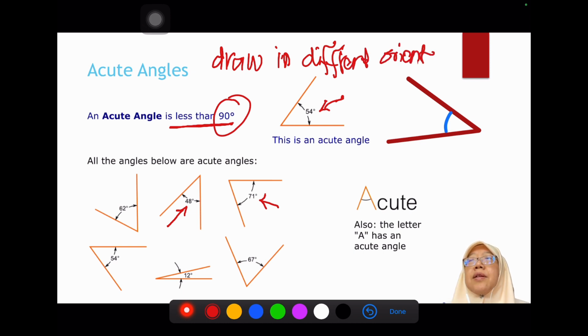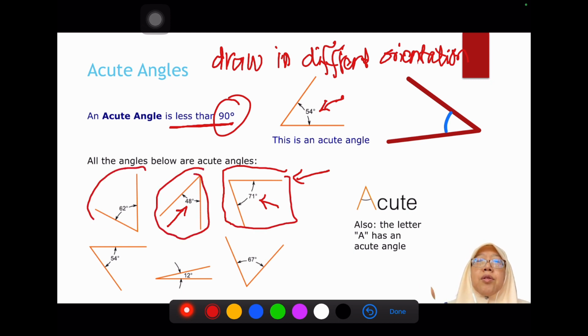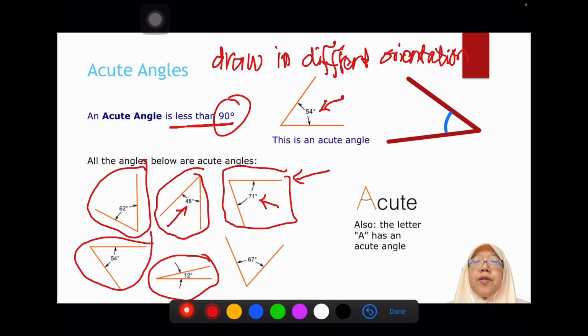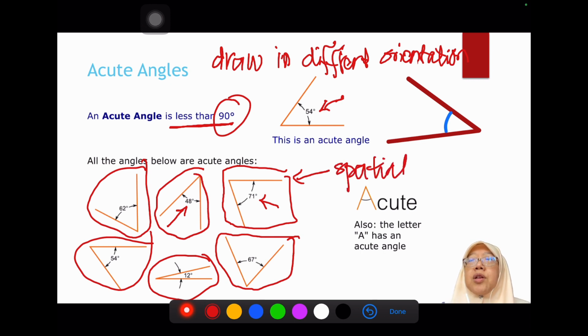Orientation here means position. You can draw it this way, this way, this way, or even this one here, which is very small, 12 degrees and 67. So this will actually help with your mission to develop spatial sense in your students.